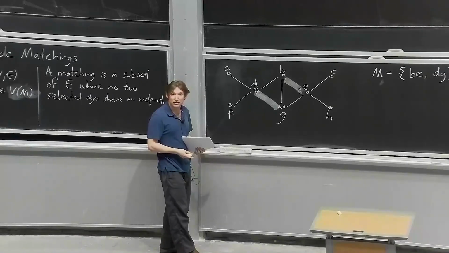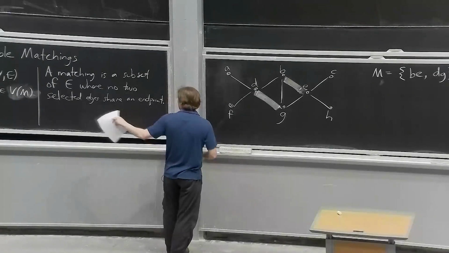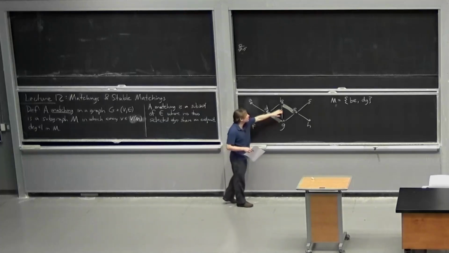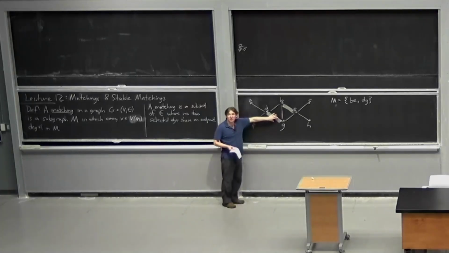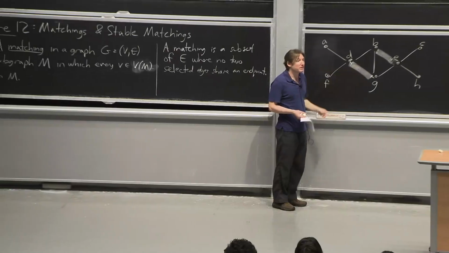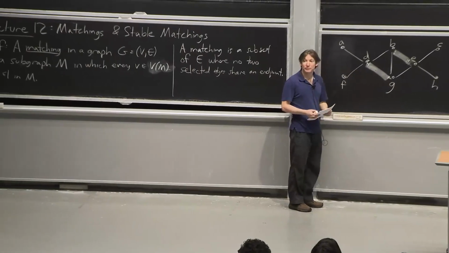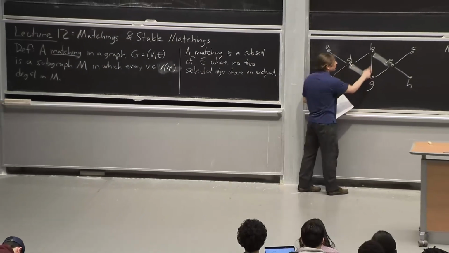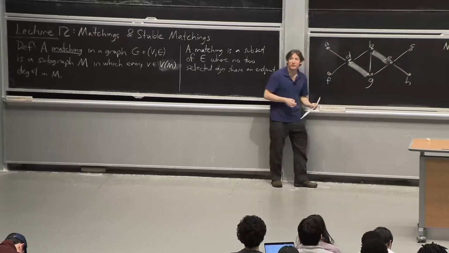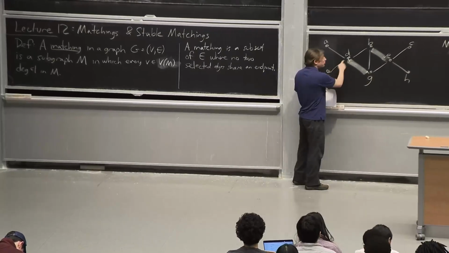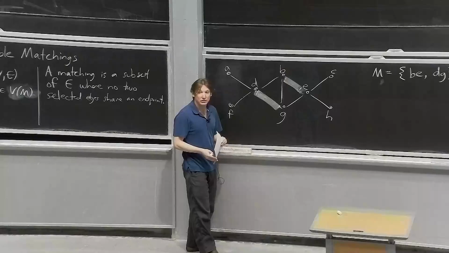Does that make sense? So said more similar to our first definition, if we look at just the subgraph that includes our chosen edges, all of the vertices in that subgraph need to have degree at most 1. So this has degree 1 and 1 and 1 and 1, and zeros for the others. If we have edges sharing endpoints, we'd have higher degree, which is not allowed in a matching.